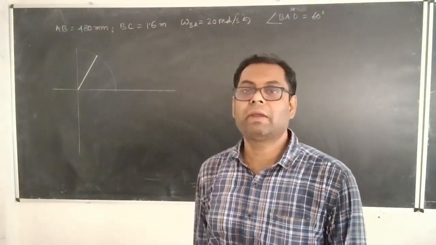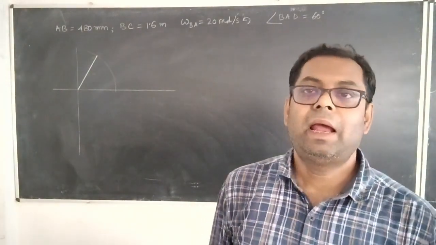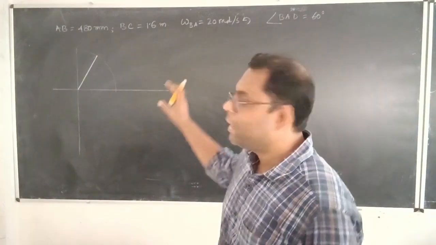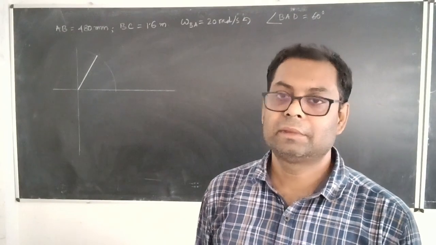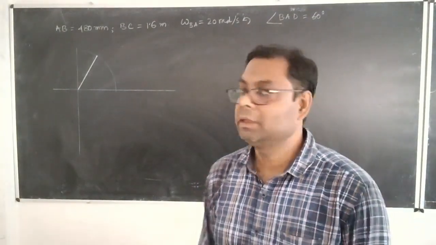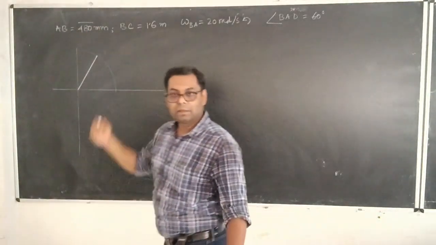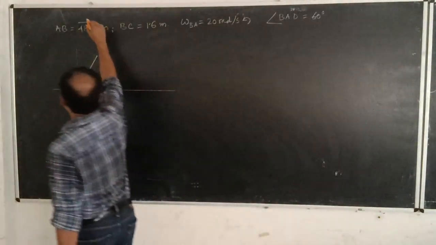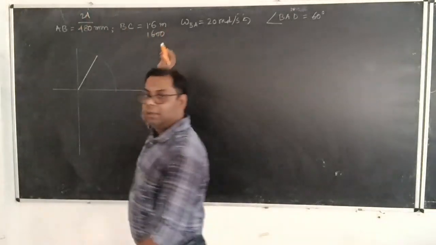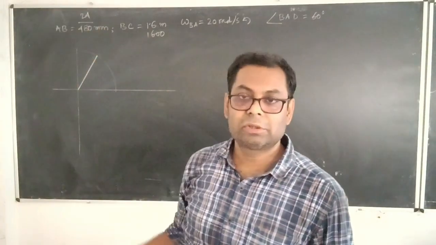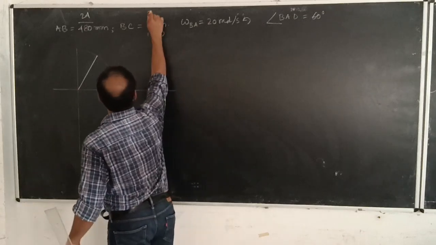So what you can do, you can take a suitable scaling factor for this space diagram, and you can use a scale of 1:20. Okay, 1:20 means, so whatever the distance of 480 millimeter you are having over here, it becomes 24, and over here 1600 millimeter, as you know, if you divide it by 20, it becomes 80 millimeter.